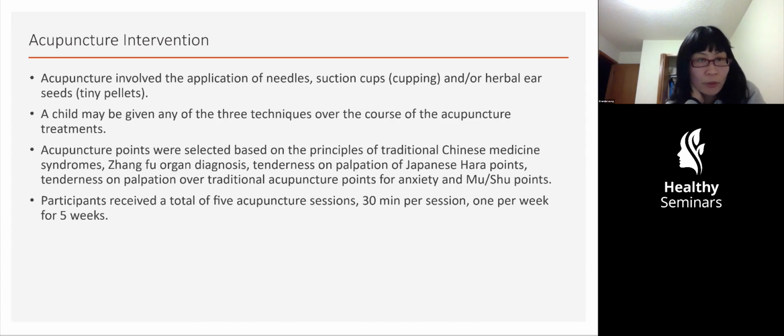Some children were able to do the needles, and for others who were apprehensive, we used cupping or the herbal seeds until they were comfortable or open to us using the needles, and then we were able to use the needles with them.